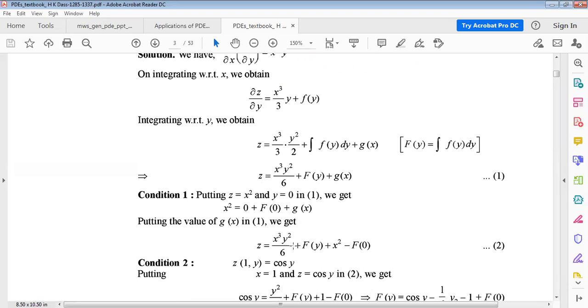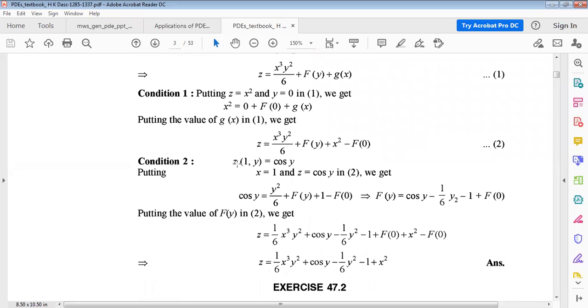Again, the given condition: z(1, y) equals cos y. So if x equals 1, z equals cos y. Then putting it in equation 2, cos y equals y square by 6 plus f of y plus 1 minus f of 0.